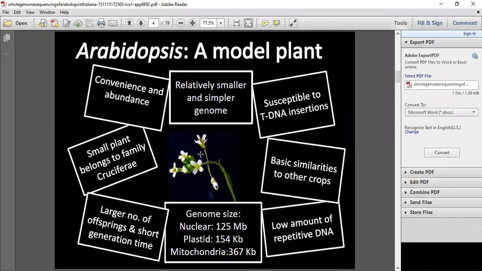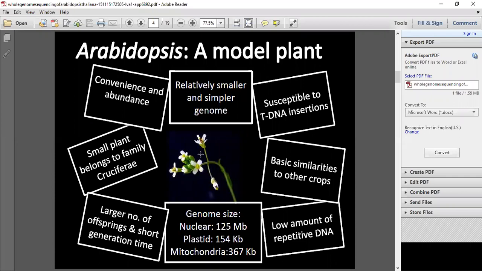Its nuclear genome size is about 125 megabase pairs, so it has a smaller genome size.